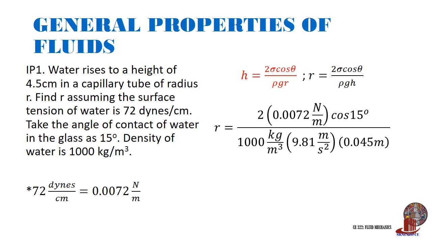Plugging in our values, R is equal to 2 times 0.0072 Newton per meter cosine 15 degrees all over 1,000 kg per cubic meter times 9.81 meter per square second times 0.045 meter, giving us the value of R as 0.315 millimeters.